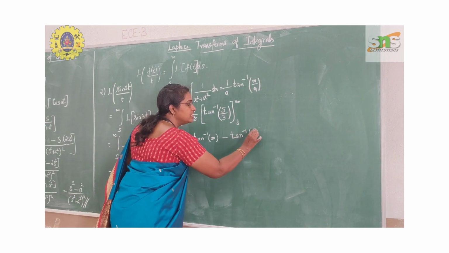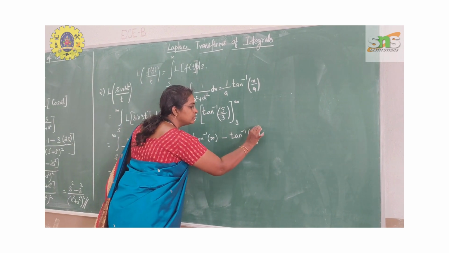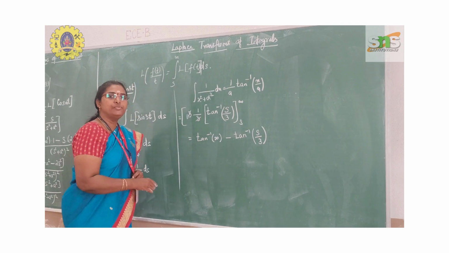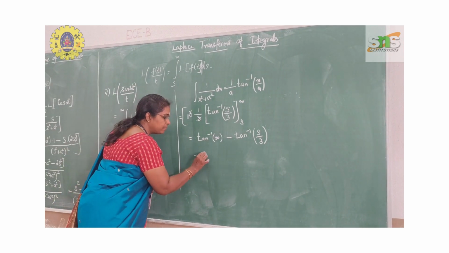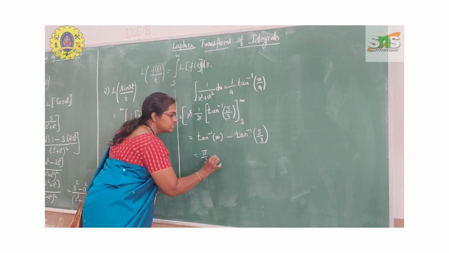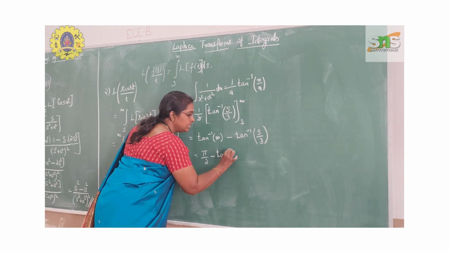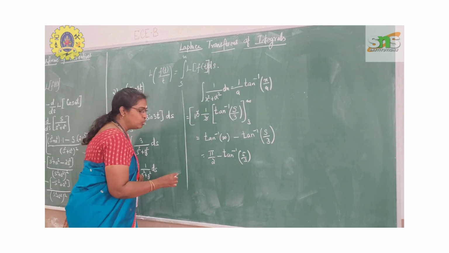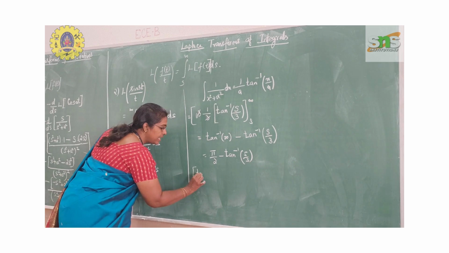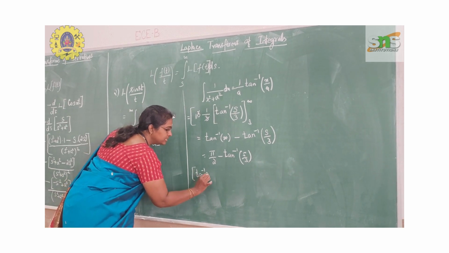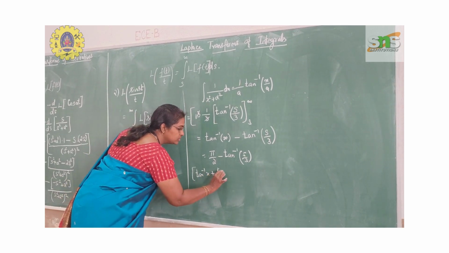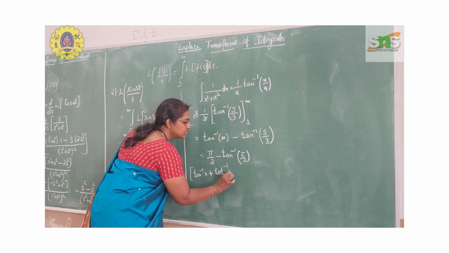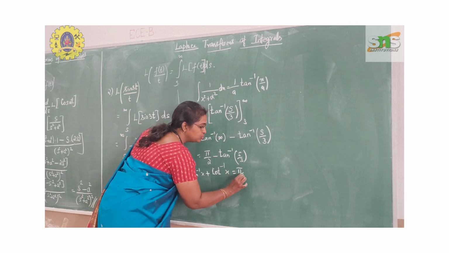Tan inverse of infinity is pi by 2, so we get pi by 2 minus tan inverse of s by 3. Already we know the formula tan inverse of x plus cot inverse of x is equal to pi by 2.